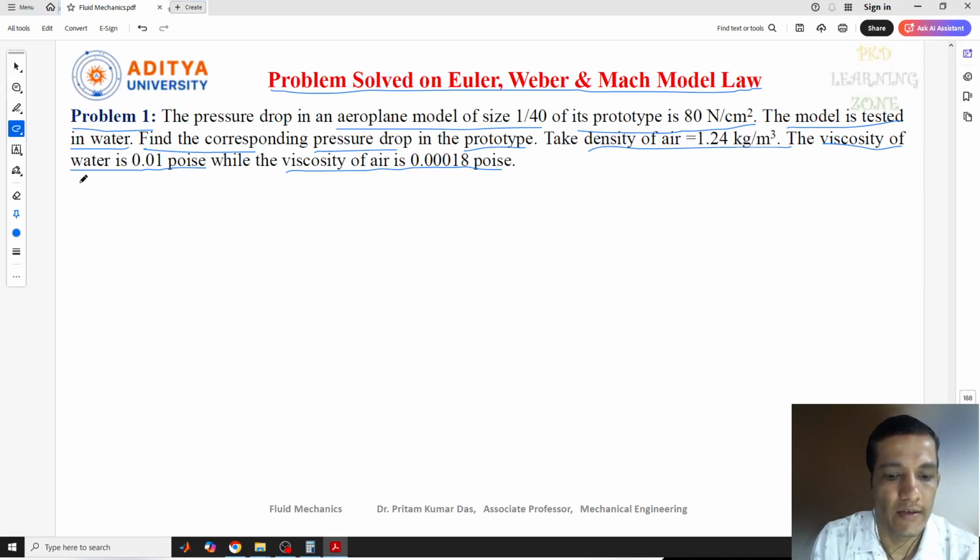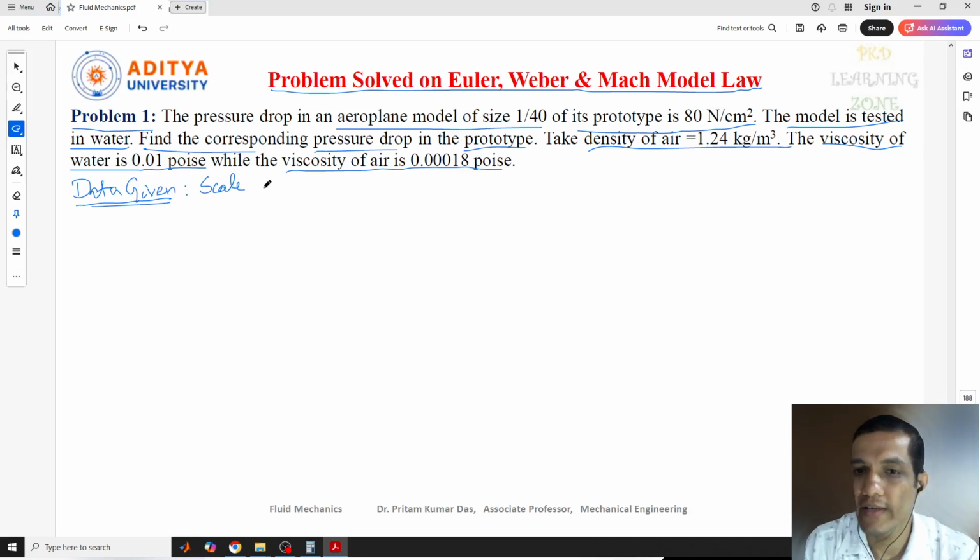You can write the data given. In the first line itself we can see the length ratio is given as 1 by 40, the model size, so we can write that as the scale ratio, either length ratio or linear scale ratio.